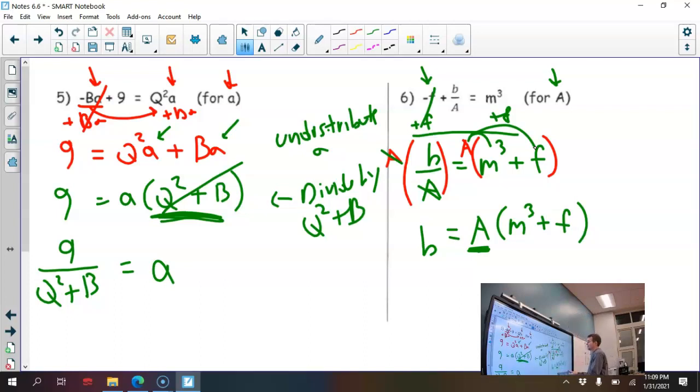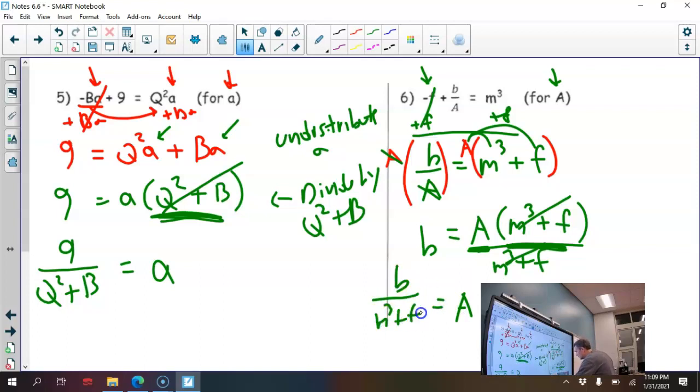But in this case, you can see that the a has been multiplied by this quantity. So I can divide both sides by that quantity. And that leaves me with a equals b over m cubed plus f. And I have gotten the a by itself.